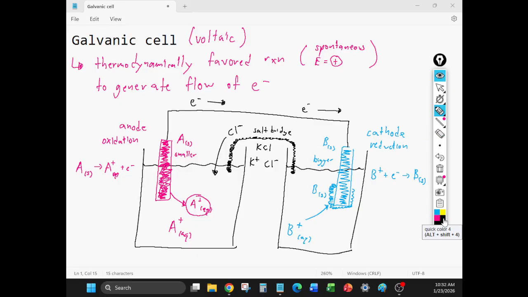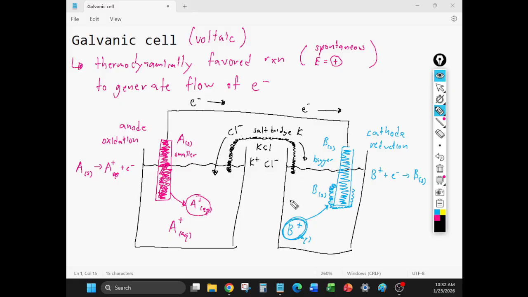And on the other side, if you guys notice, the metal ion inside the solution becomes a solid. So this side is going to start losing positive charge. It's going to become too negative. So to balance that out, the positive cation in the salt bridge is going to dissolve into the cathode.